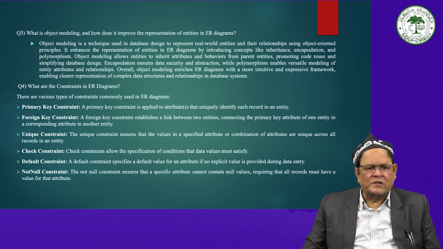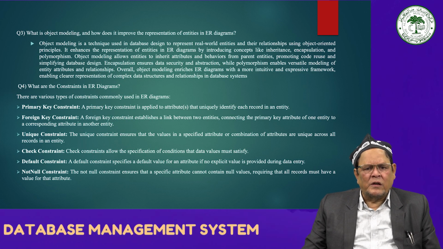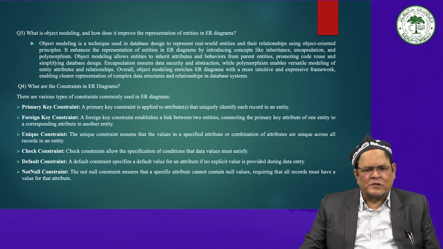The third question was, what is object modeling and how does it improve the representation of entity in ER diagrams? The answer is, object modeling is a technique used in database design to represent real-world entities and their relationships using object-oriented principles.